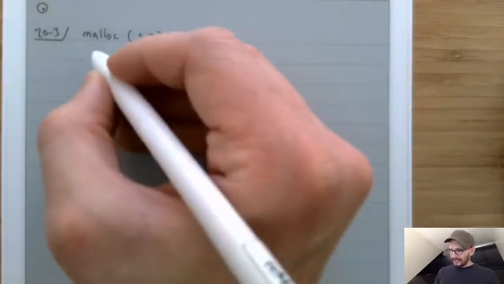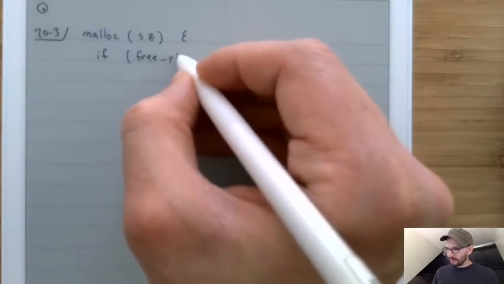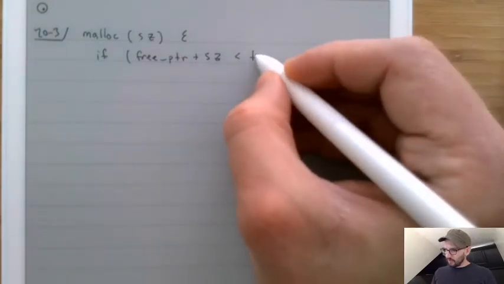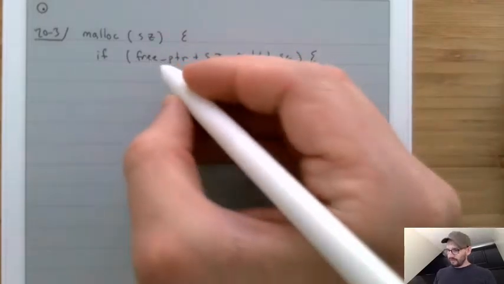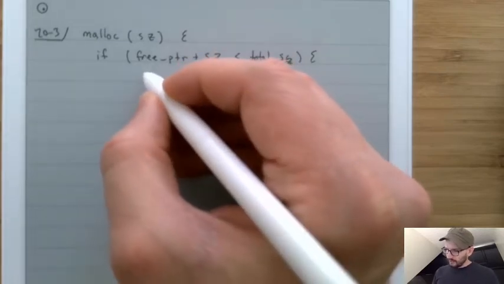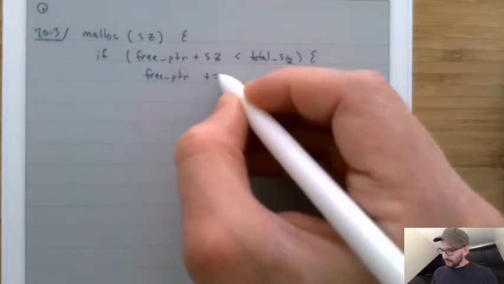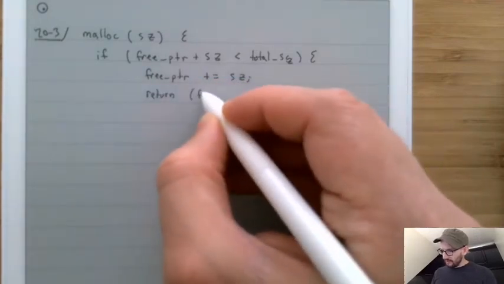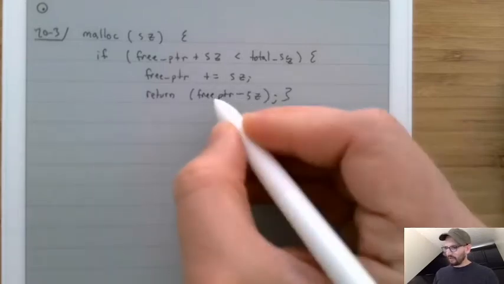And what it's going to do is say, if the free pointer, the free region, plus the size is less than the total size, then what we can do is set the free pointer plus-equal the size, and then we can return the free pointer minus the size. We're basically returning what the free pointer used to be.